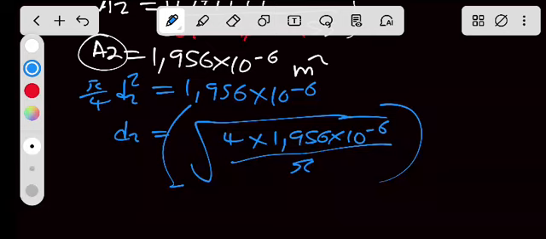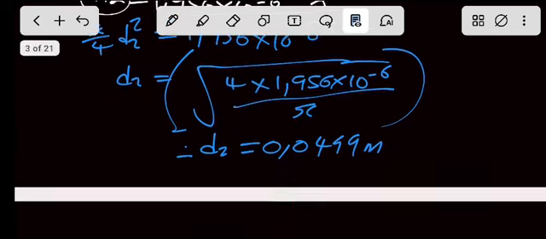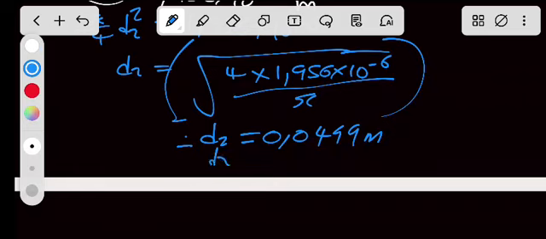All right, therefore what will be that d2? We'll have something like 0.0499 meter. In millimeter, d2 will simply equal 499. If you want, you can say 500. 499 millimeter, you can approximate this.